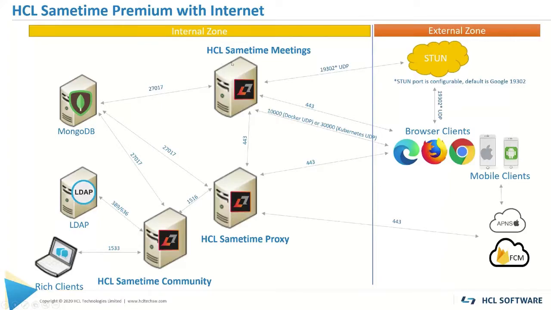If it's Kubernetes, it may be spread over, but to the end users and to our connectivity, it looks as if it's one thing. So it will talk to the community server or to the community through the Sametime proxy. So all authentication and that persistent chat that you saw within the meeting all comes from the Sametime proxy. The Sametime meeting server will also talk to the Mongo database.